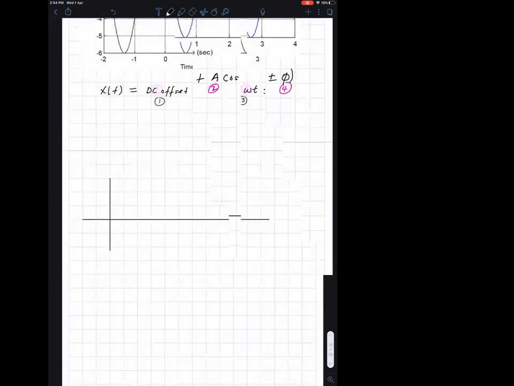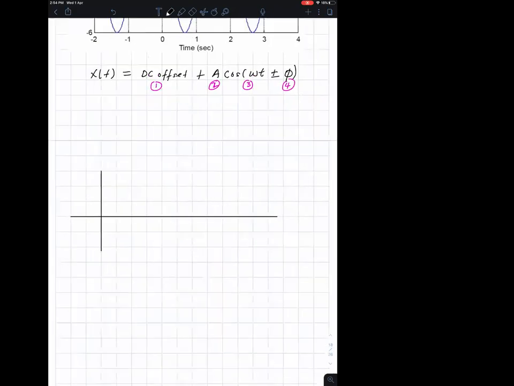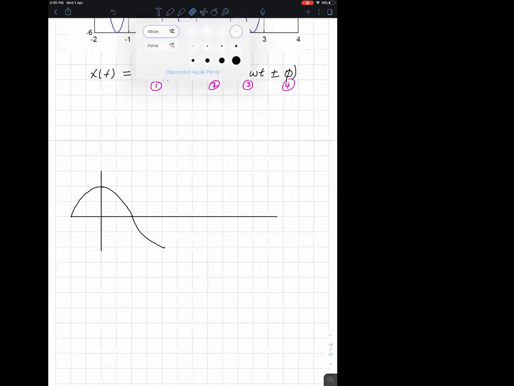This is what a cosine signal looks like, right? It's not coming out right because my graphic tool is not very good.